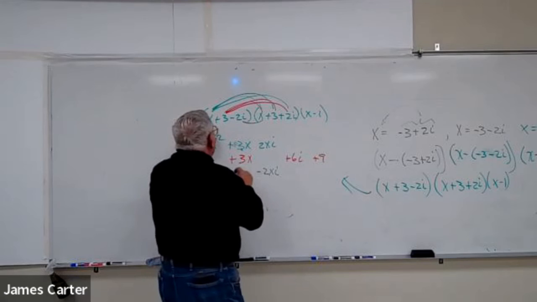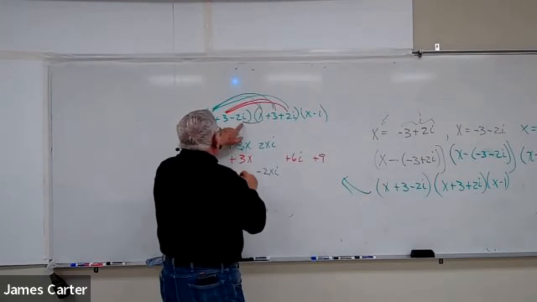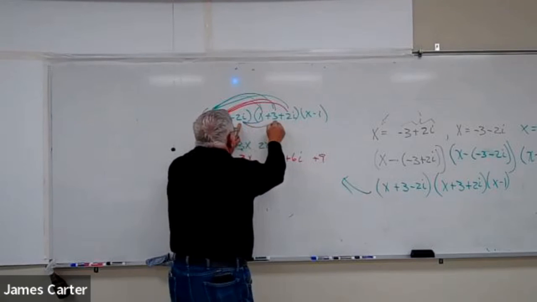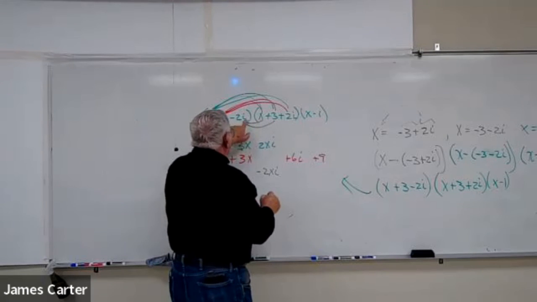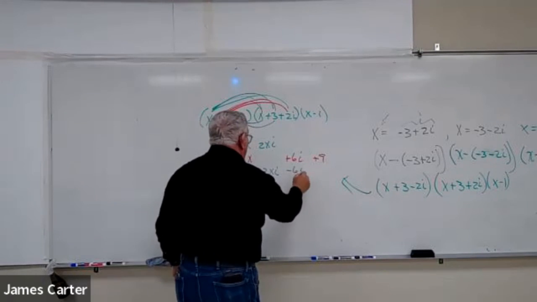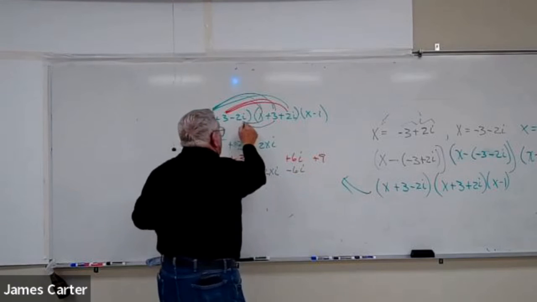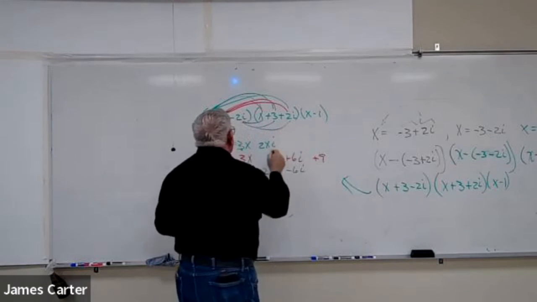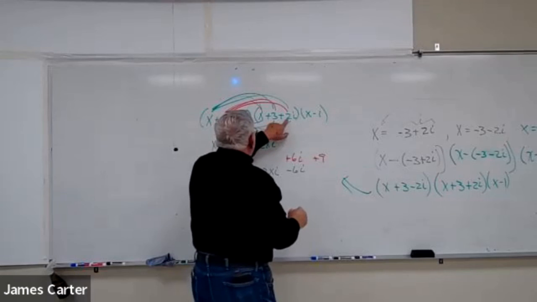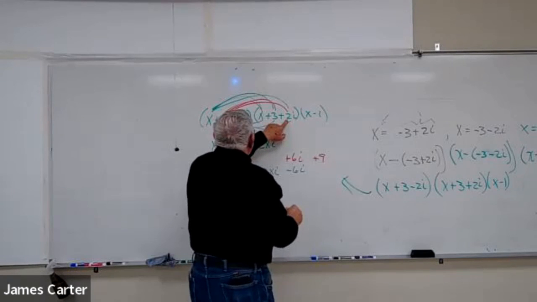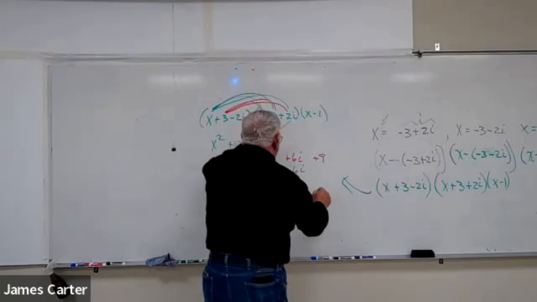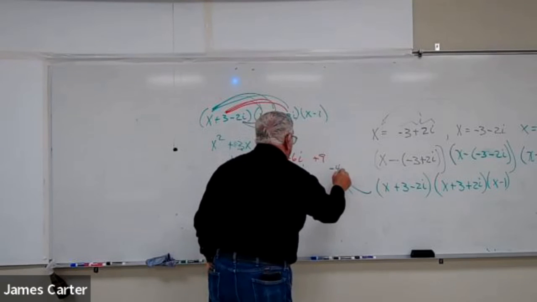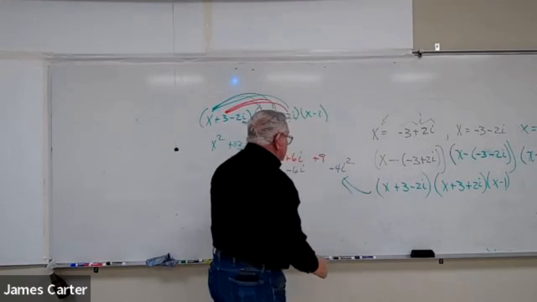Now I'm going to do these two, and I get negative 6i. And I'm going to do these two, and I'm going to get negative 4i squared. That's a new term now.